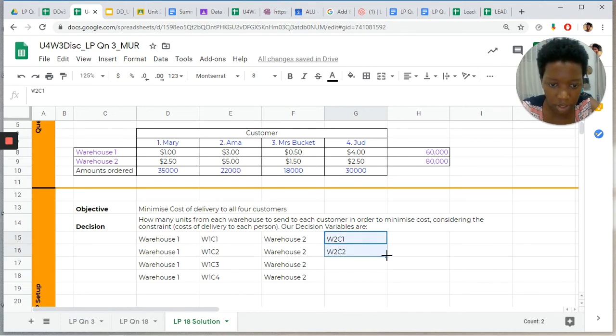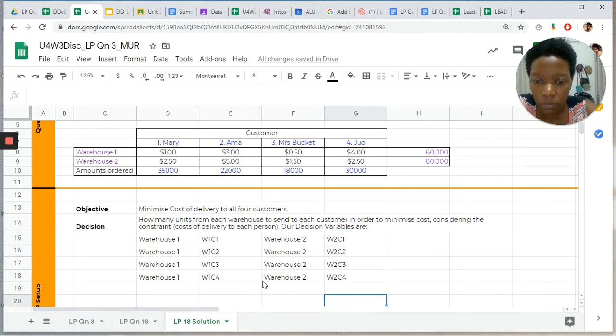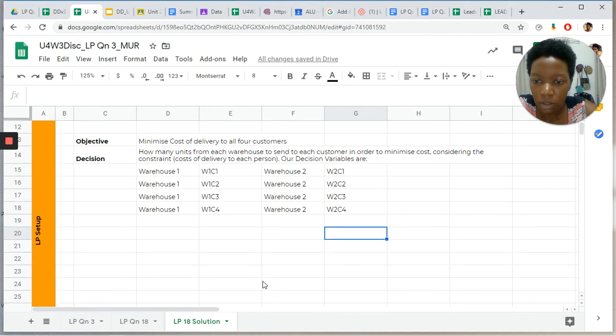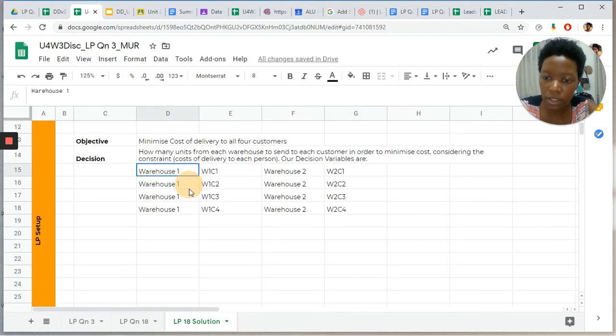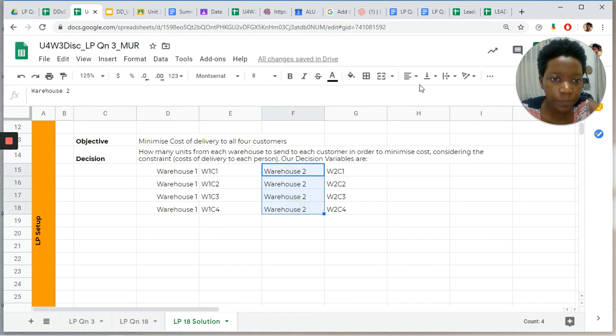It's going to see the increments in customers and just do it for me. Perfect. Okay, and this is all my decision variables. I'm just going to format it better.